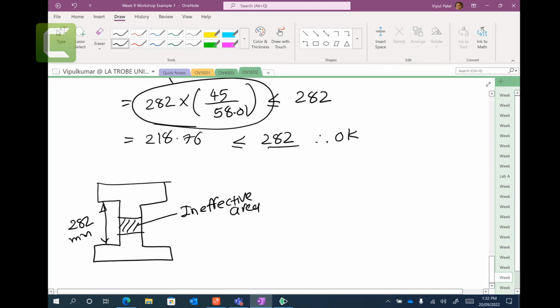And this length from here to here is 218.76 divided by 2. This length is 218.76 divided by 2. So we can just calculate this ineffective area.